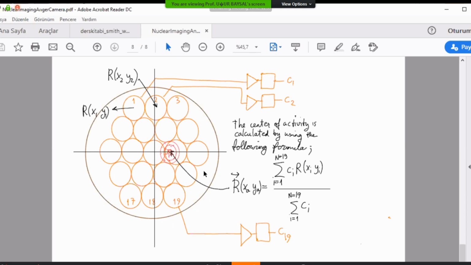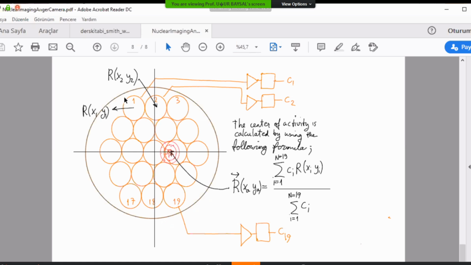PMT tube. So the exact coordinates in 2 dimensions equal the relative number of counts times the coordinate of the center of each tube, r of xi, yi, divided by the total number of counts from all tubes. So this is like calculating the center of mass equation in physics, okay?